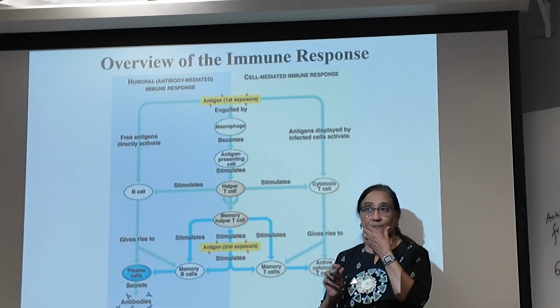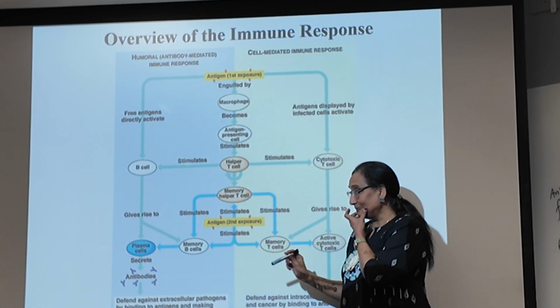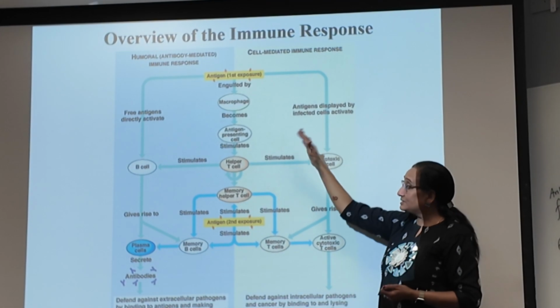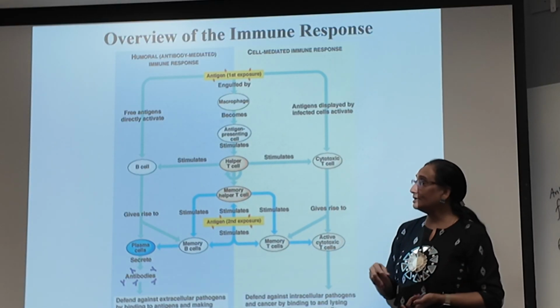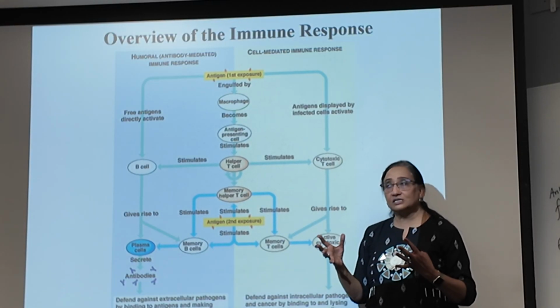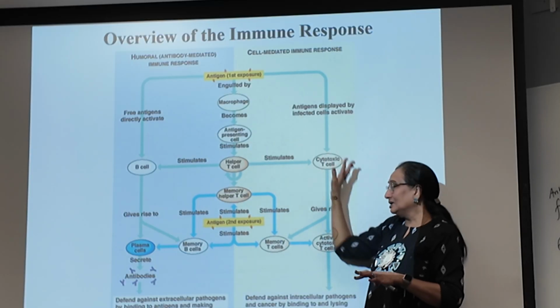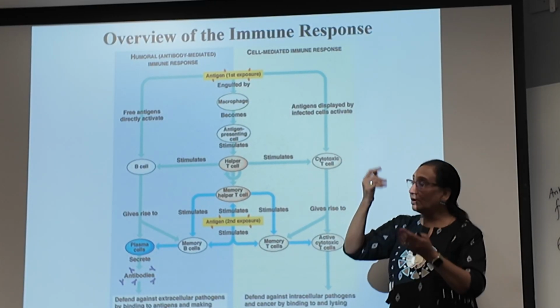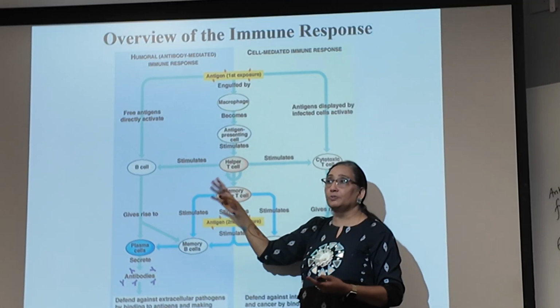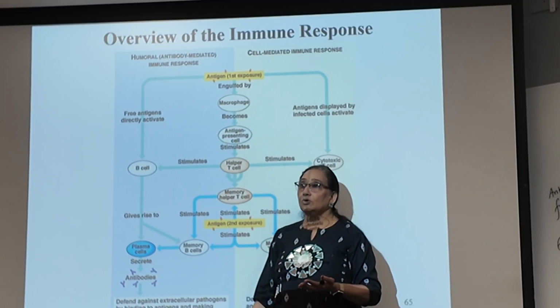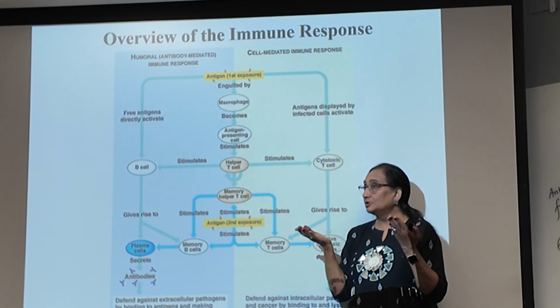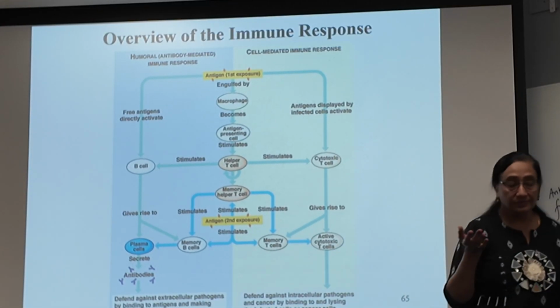That is the importance of memory cells. Depending on the infection, if it is a viral infection, cell-mediated immunity will predominate a little more. If it is more bacterial or protozoal, then it will be more B-cell immunity. But both of them work together.